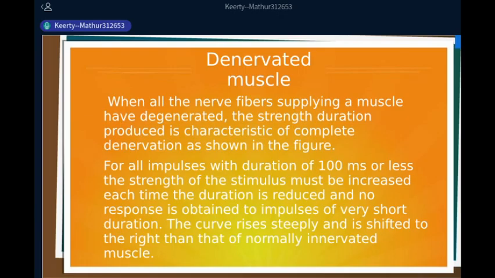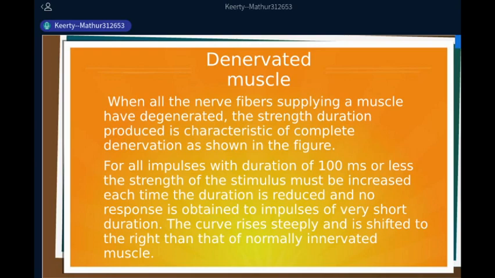Then coming on to the next type, the denervated muscle. When all the nerve fibers supplying a muscle have degenerated, the strength duration curve is characteristic of complete denervation as shown in the figure. For all impulses with duration 100 milliseconds or less, the strength of the stimulus must be increased each time the duration is reduced, and no response is obtained to impulses of very short duration.